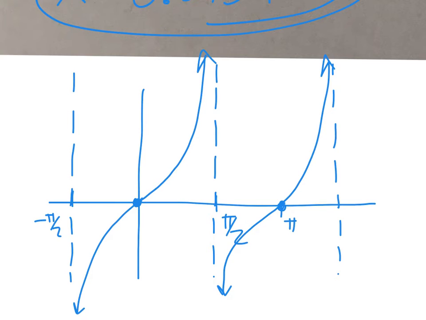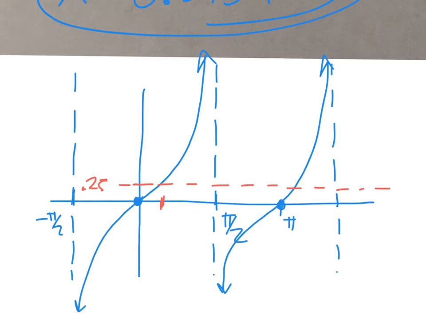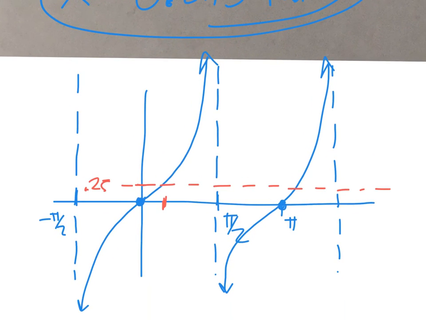So when is the tangent 1/4? Here, let's make this the 0.25, and we will draw our horizontal line through that. So our calculator said this x value was 0.245 radians. Right here is where the line y equals 0.25 intersects the tangent. So the question is, where is that point over there?